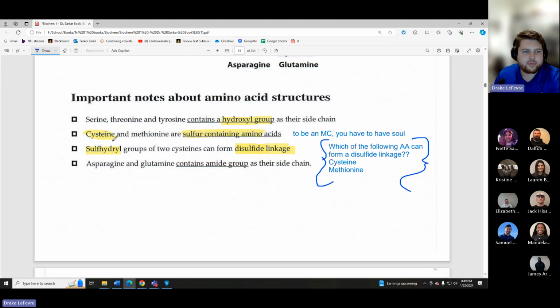Okay. Here's another grouping that we want to do, just like we had branched chain amino acids. We want to know which ones are sulfur containing. The mnemonic to remember this is: to be an MC, you have to have sol. M is methionine, C is cysteine. You can come back and watch this and write these down. I would write this down on paper and practice it on paper.